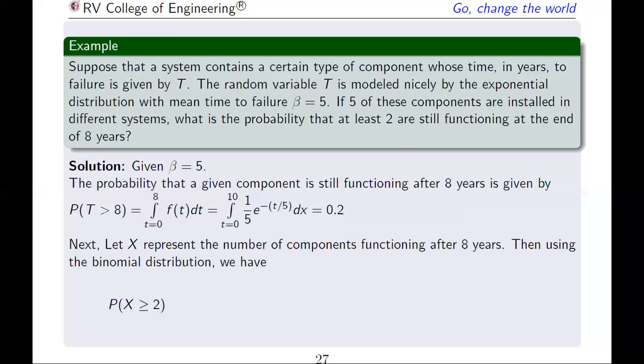Therefore, the probability of getting x greater than or equal to 2, at least 2, is equal to the CDF of the binomial distribution with n equal to 5 because of this, and the probability is 0.2.